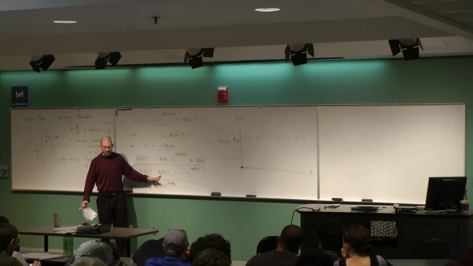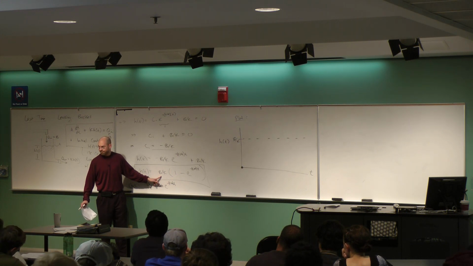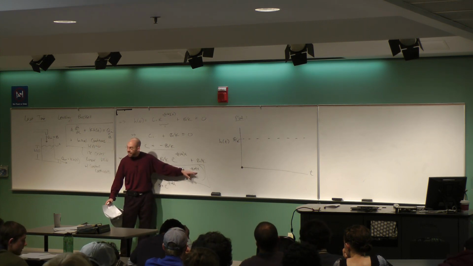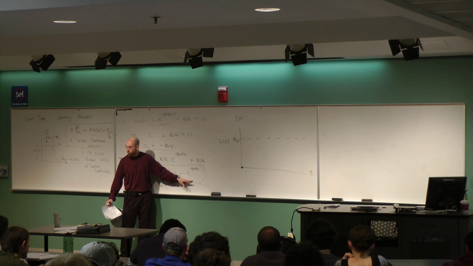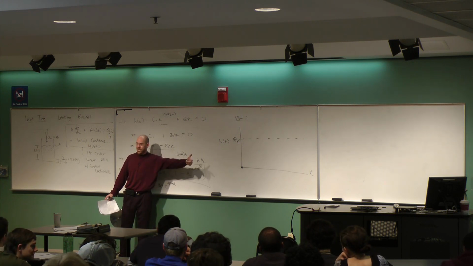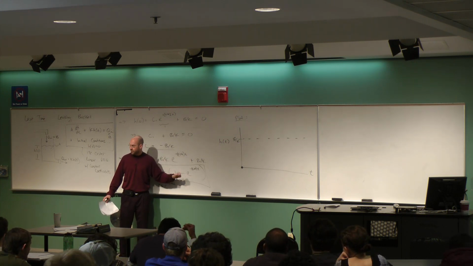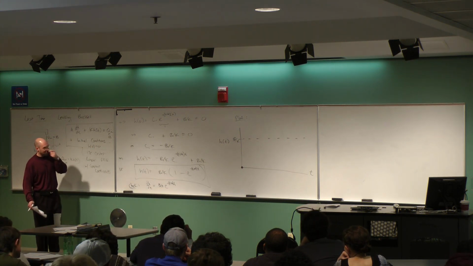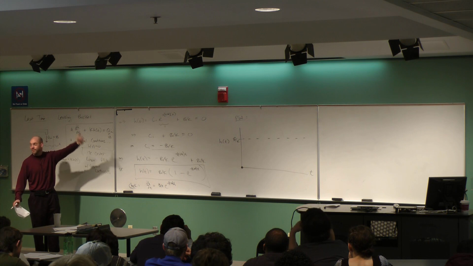What is the value of the time that I would get b over k for the answer? Yes, infinity. Because by definition, this is a steady state. This is a decaying exponential. It's never 0. So I got to get t equals infinity before this thing really gets down to 0. Okay, so that's not going to help me. You're barking up the right tree, but it's not going to help me. I know the infinity answer already.